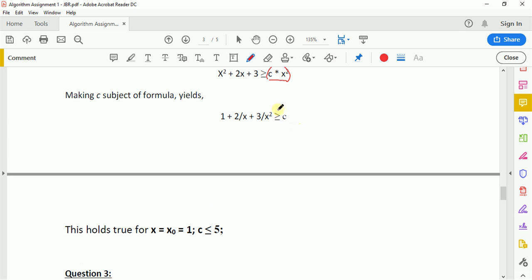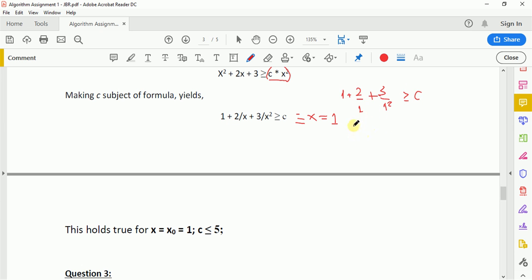Now you ask me, how from here did we arrive here? Let's first of all equate x equals 1. Okay, we're going to have 1 plus 2 over 1, x equals 1, remember, plus 3 over 1 squared is greater than or equal to c.